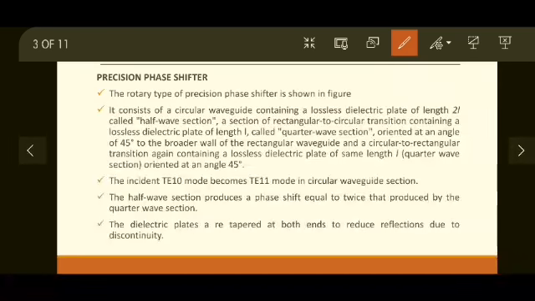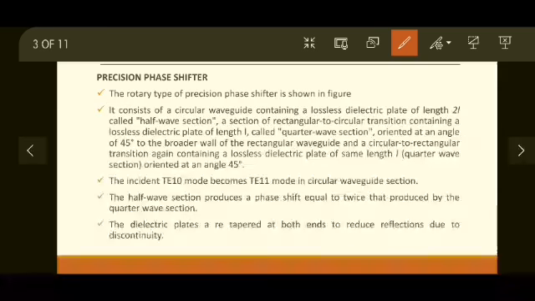That's what I said. So the incident wave having a TE10 mode becomes a TE11 mode in the circular waveguide section. This happens because of the phase shift produced by the first dielectric plate angled at 45 degrees. Because of the change in angle, the mode is changed to TE11. Then inside the circular waveguide, the half wave section plate produces a phase shift equal to twice that produced by the quarter wave.